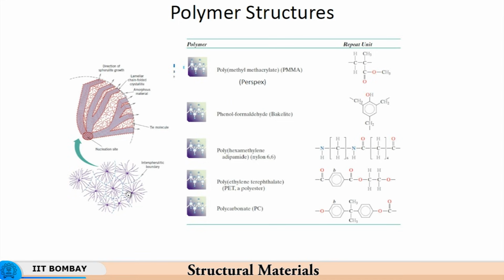So basically when we talk about a macromolecule, the way we see it with our eyes, because a micromolecule is not visible, but a macromolecule is something that is visible, it is tangible. So you have several long chains arranged in a specific order, and that is what is shown over here. So here you have the polymer chains being arranged in a spherulite manner.